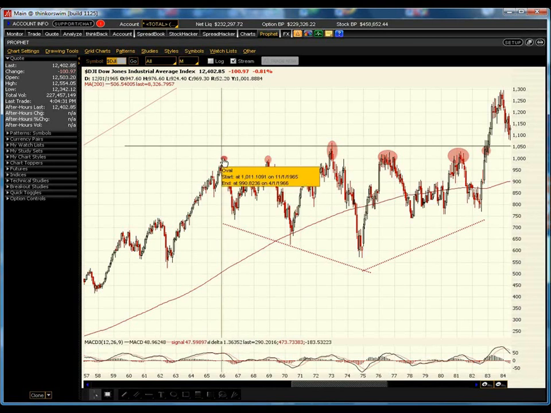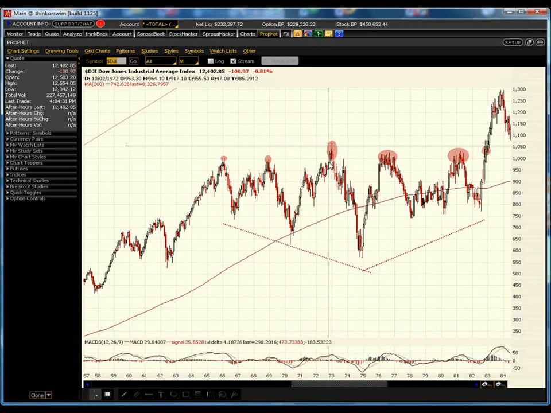Now, some people would argue that perhaps it was the psychological level of hitting 1,000 that caused people to sell. And that's the reason for the decline. We came up again against this type of resistance at the 1,000 level here. We sold off even stronger for a lower low here.